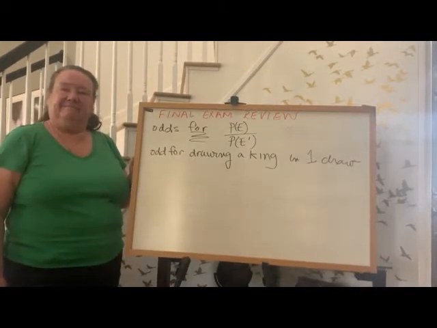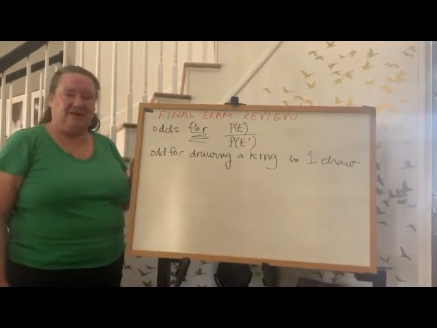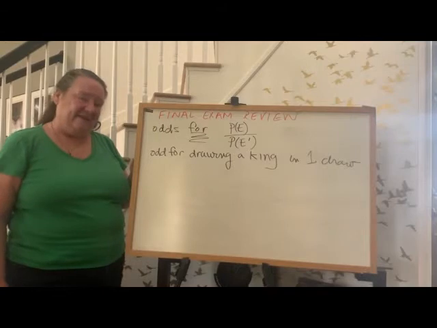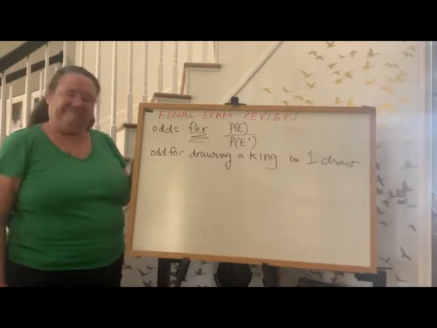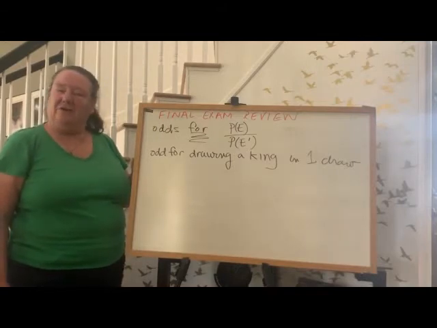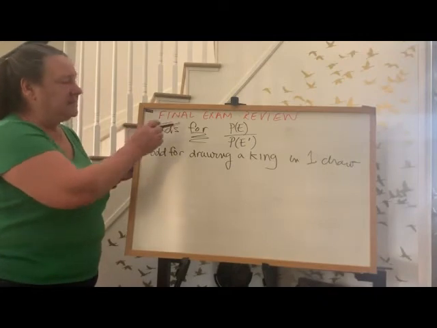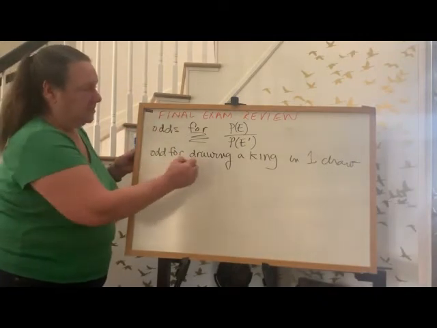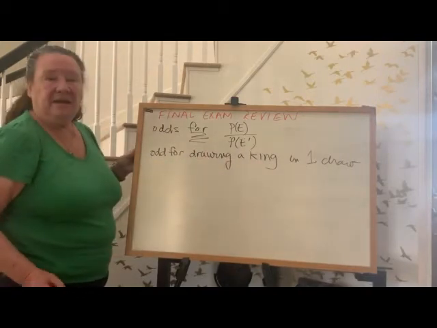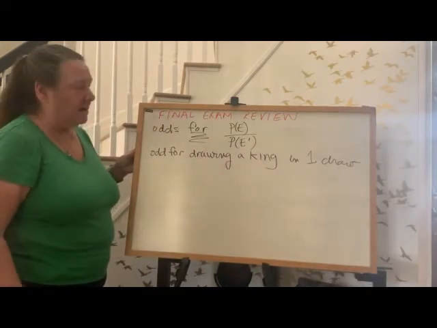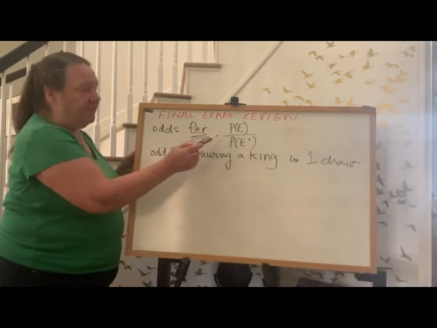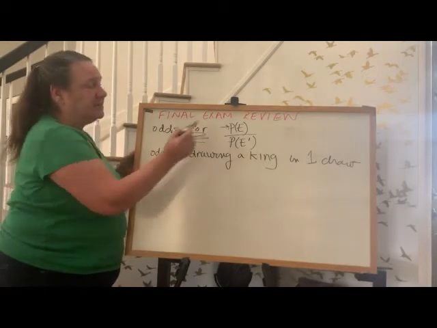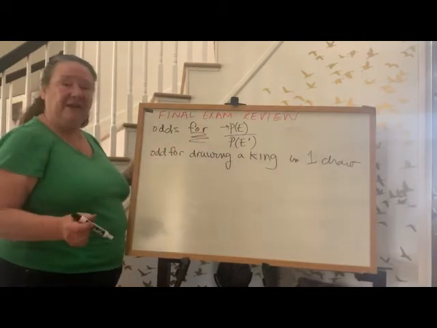Okay, the last question was on a quiz and the test. It's obviously one of the harder problems. It's the odds for or against drawing a king in one draw from a standard deck of cards. This is the formula: the probability of the event happening is on the top.